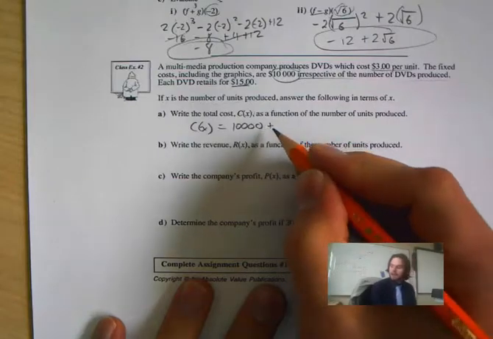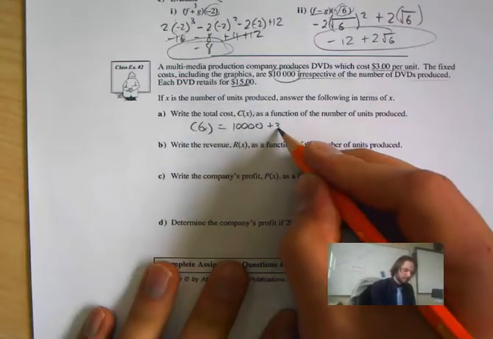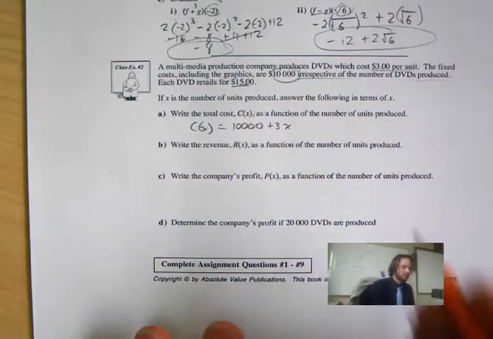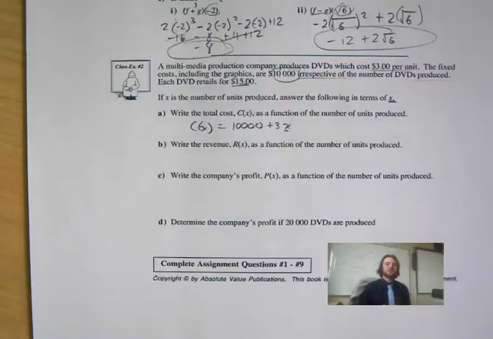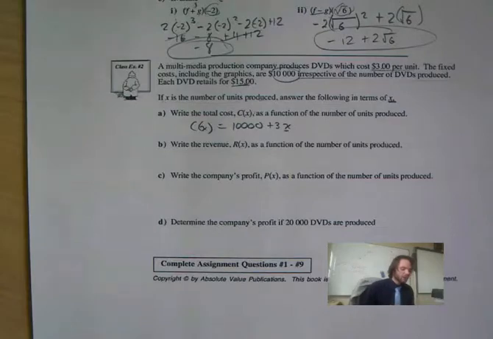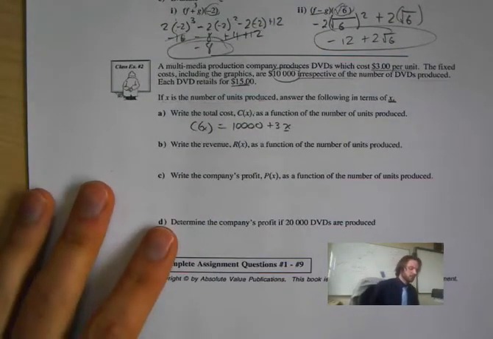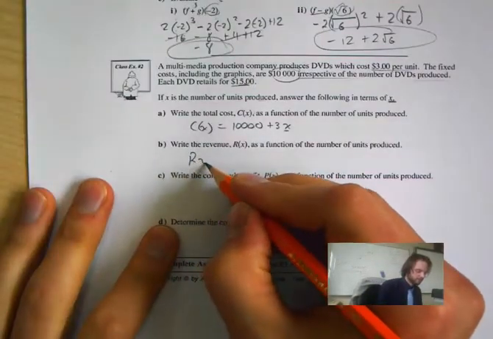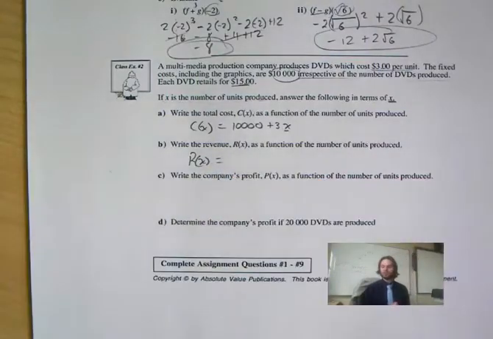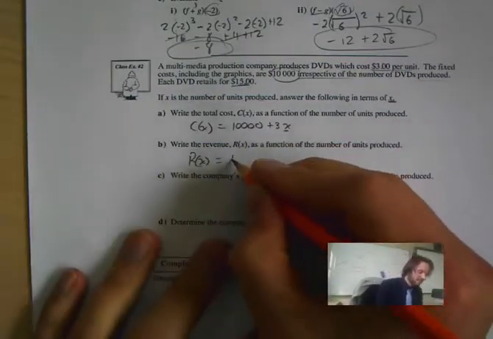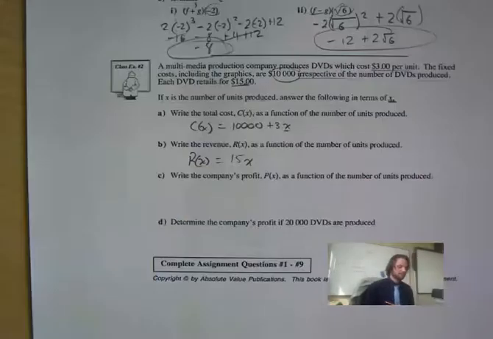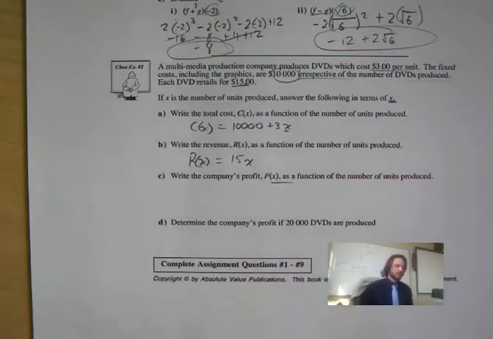So we have to add 3x, because each DVD is going to be x, as it says. Number of units produced, x. So that is the total cost. Now we want to find the revenue of units produced. So revenue is going to be equal to, well, they get $15 a CD, so that's 15x.